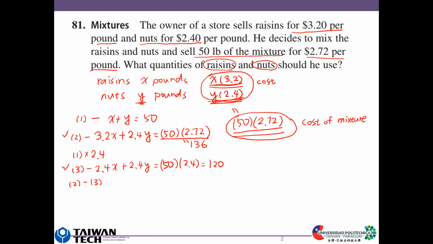So 2 minus 3: 3.2 minus 2.4 is 0.8, right? So we have 0.8x, and y is 0 because 2.4y cancels 2.4y. So 0.8x equals 16, and we know x is 20.